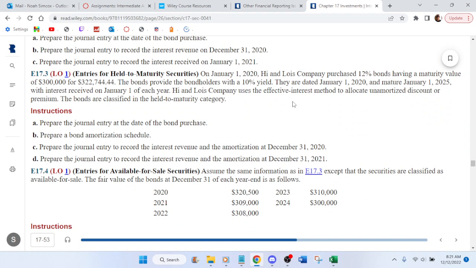So the date of bond purchase, what do we do? They purchased it, so is it 300,000? Do we use the 300,000?